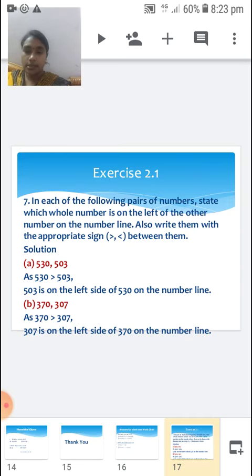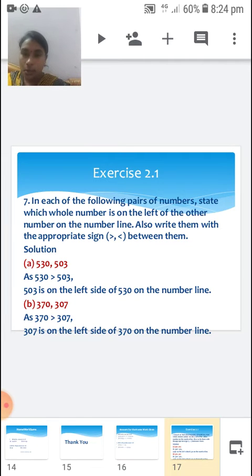Let us see the first sum, that is 530, 503. Which number will be on the left side of the number line? Any guesses? Yes, 503 will be on the left side of 530 on the number line.